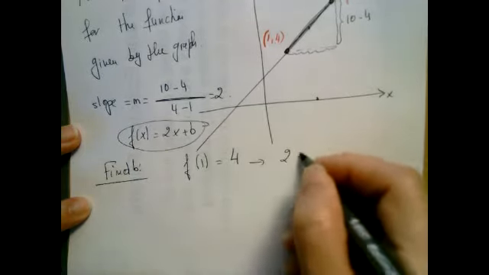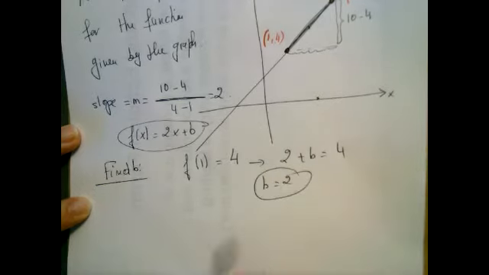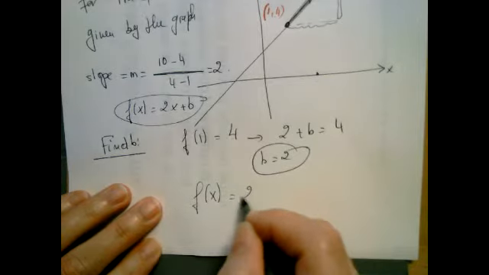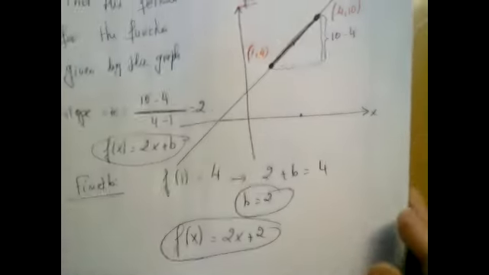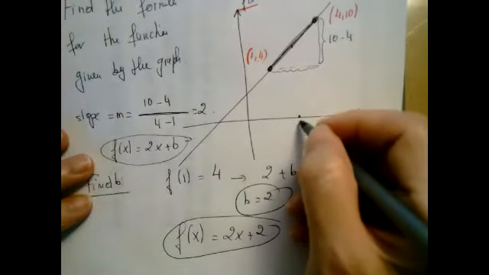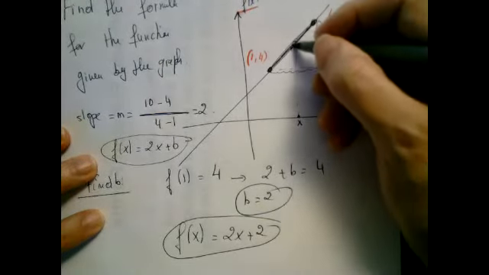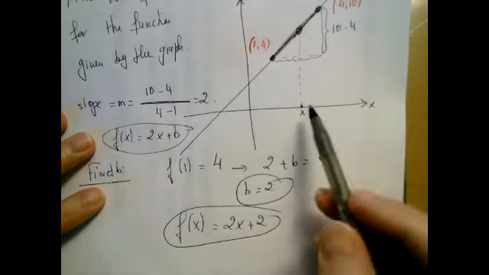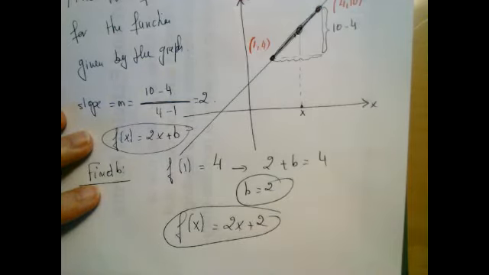If I take 2 plus b equal to 4, b has to be equal to 2. And this function is given by the formula 2x plus 2. Now if I have any x and I want to find the output, it's very easy. I just plug it into the formula. What is f of 3? 2 times 3, 6, plus 2, 8. So this gives me a formula.